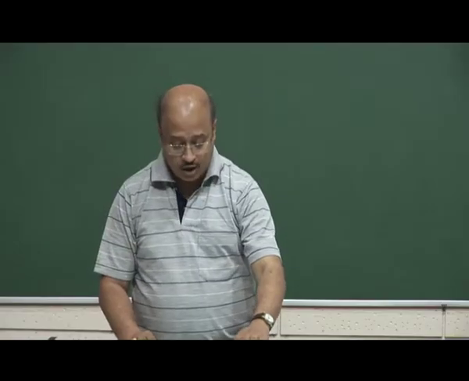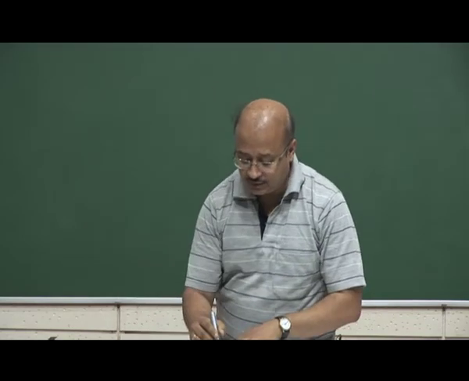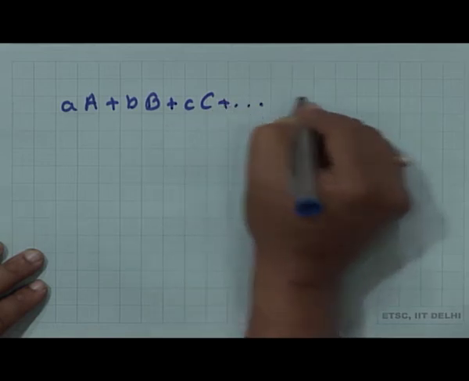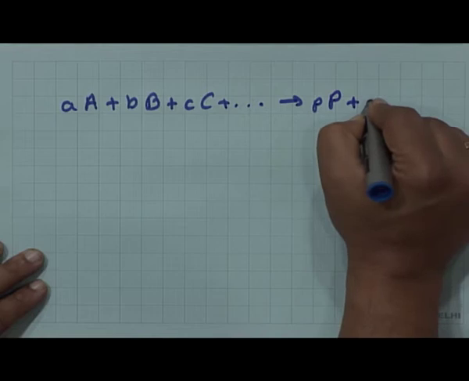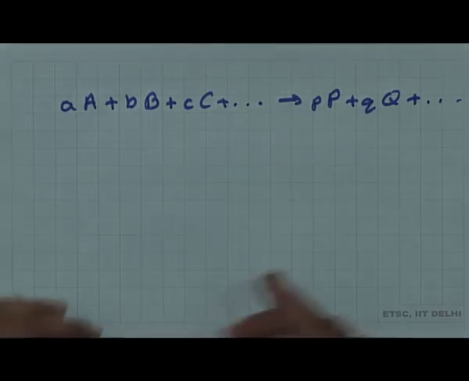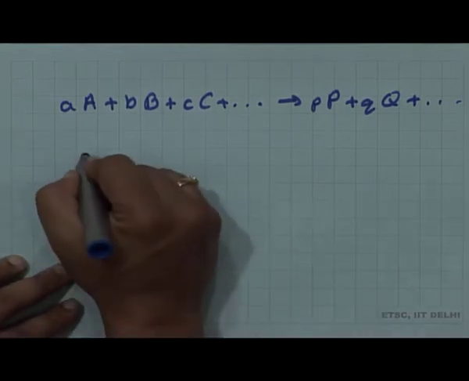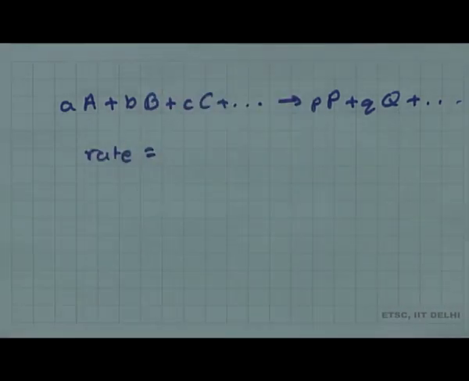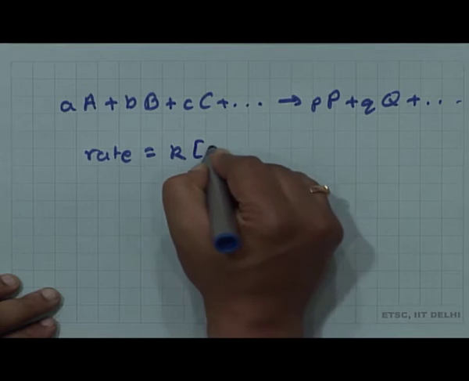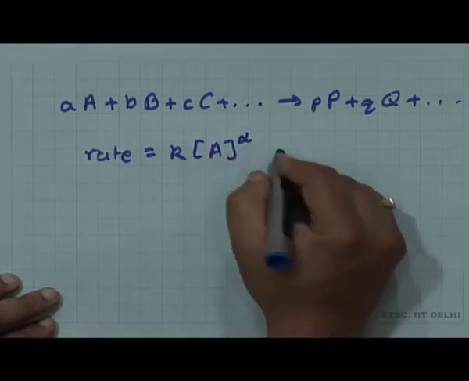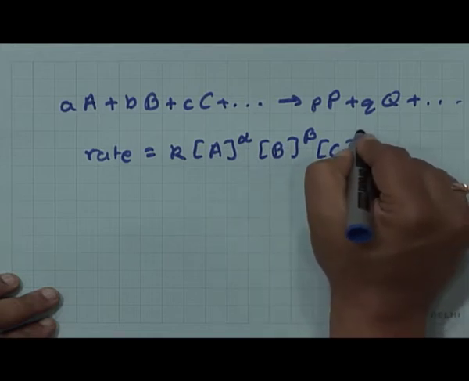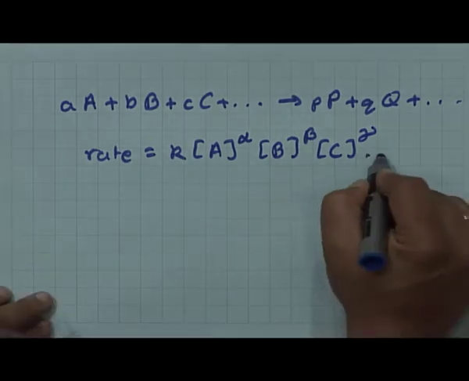What we can now generalize, saying that if I have a very general equation of the type A plus B plus C going to P plus Q plus so on, then I can say that the rate expression or rate equation is equal to K, the rate constant, times concentration of A raised to the power alpha, concentration of B raised to the power beta, concentration of C raised to the power gamma, and so on and so on.